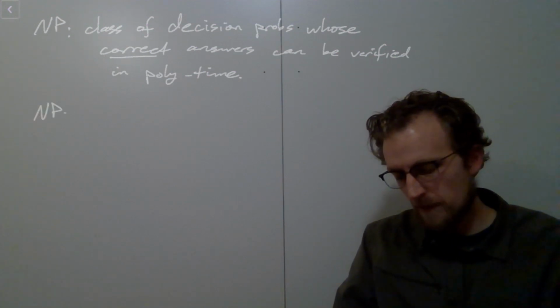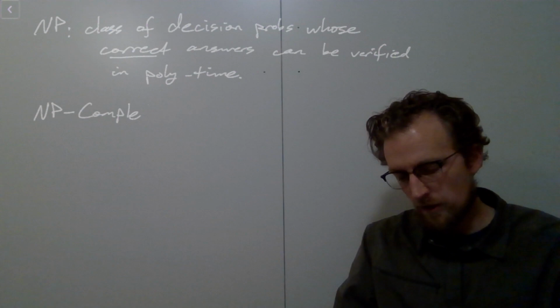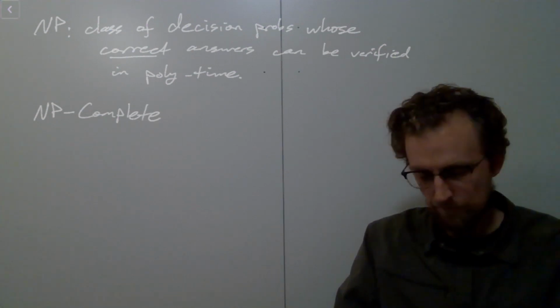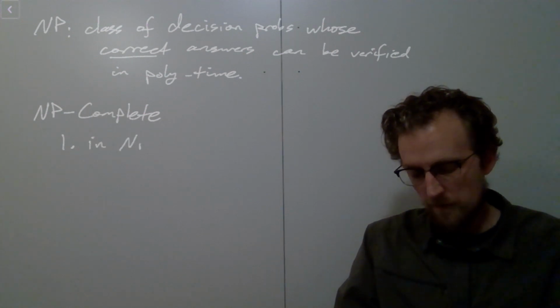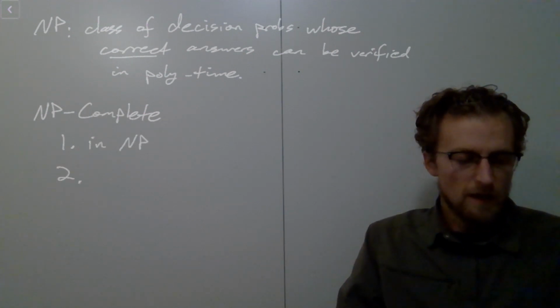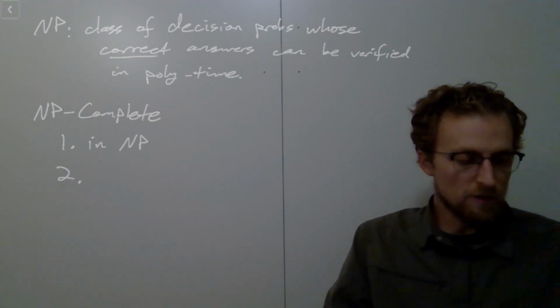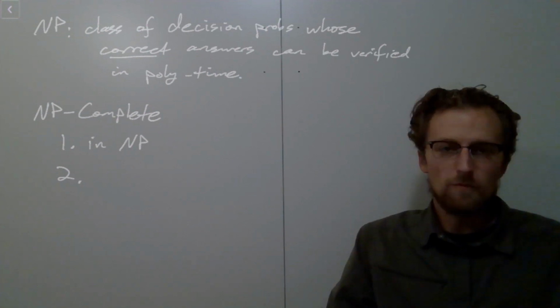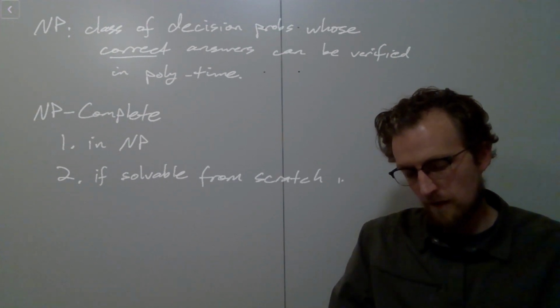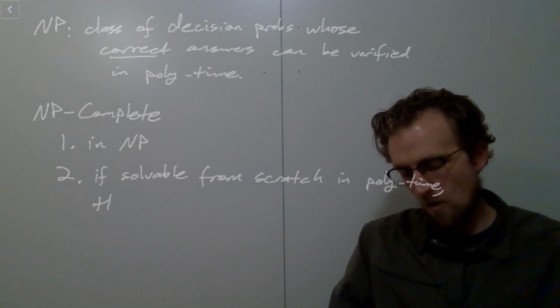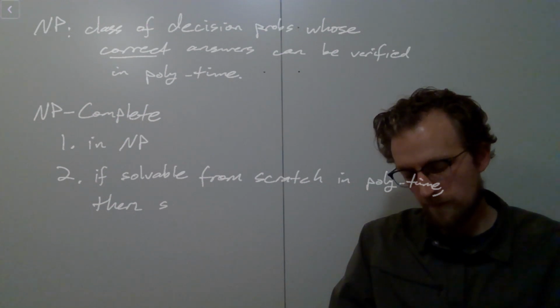So an NP complete problem then is our notion of the hardest problems in NP. So one, it has to be in NP. And two, if it's solvable from scratch in polynomial time, then so are all other problems in NP.